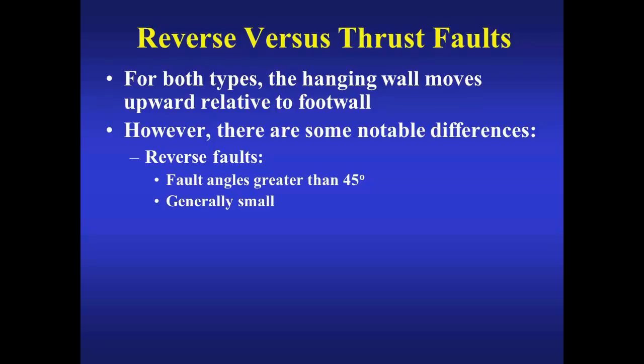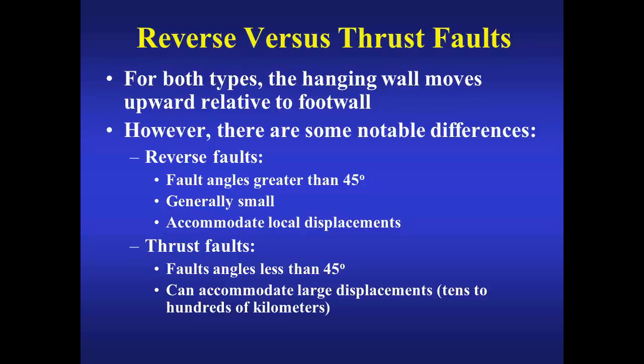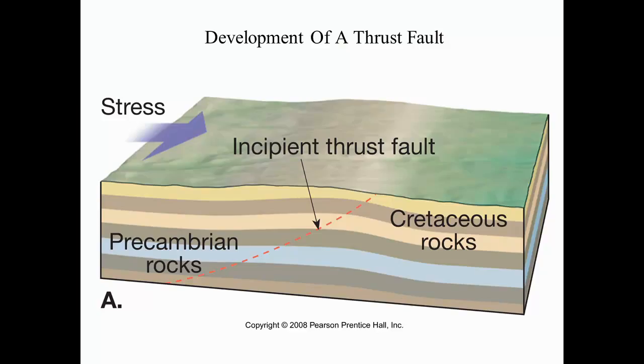Reverse faults also tend to be generally small and accommodate merely local displacements. On the other hand, thrust faults have fault angles less than 45 degrees and in turn can accommodate much larger displacements on scales of tens to hundreds of kilometers.